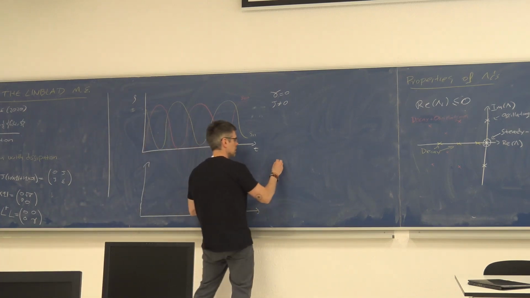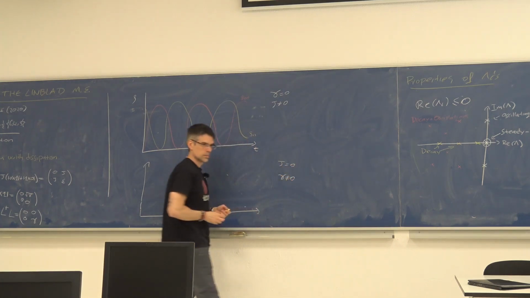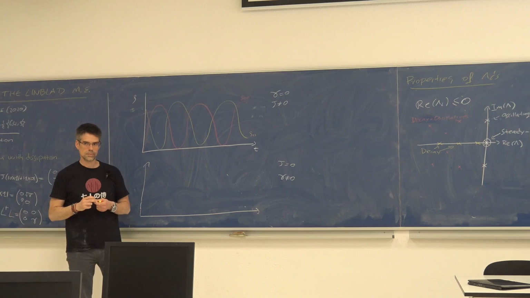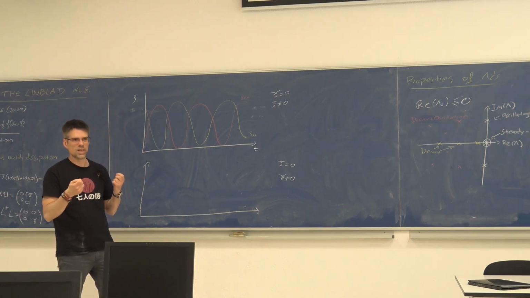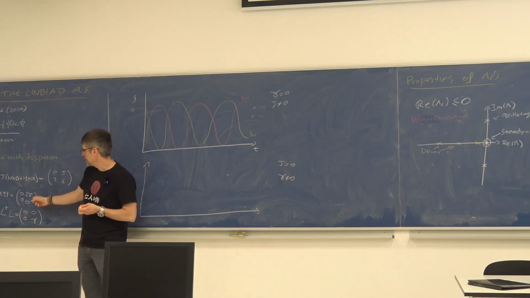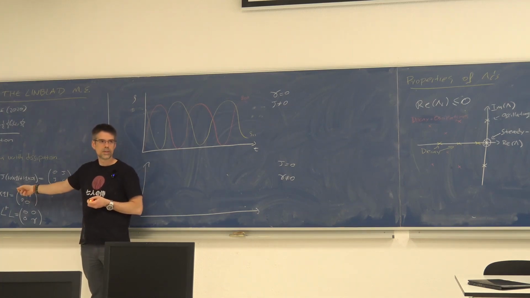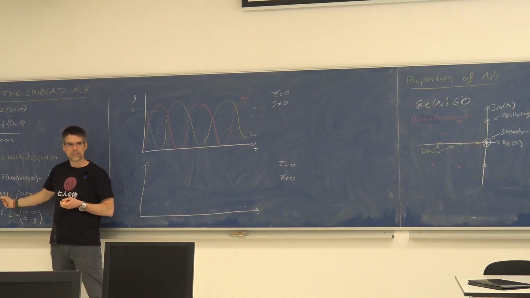What will happen in the opposite case? J is equal to 0, gamma is different from 0. I have erased the matrix, and it's not very easy to grasp from the matrix, but you can see it a little bit from the form of the jump operator. What does the jump operator do? It takes 1 and transforms it into 0.